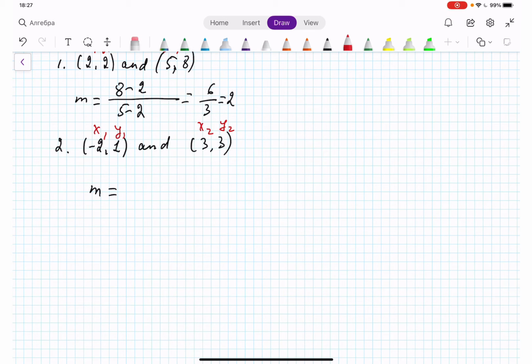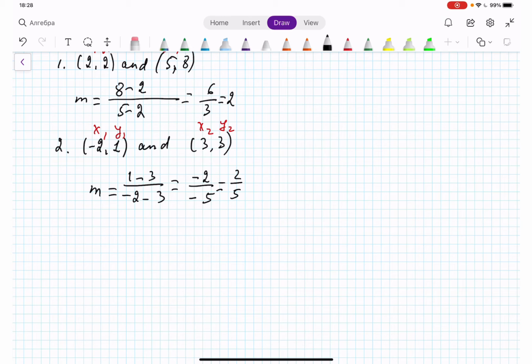Okay, this time let's use y1 minus y2. So it's 1 minus 3 and negative 2 minus 3. We are getting here negative 2 over negative 5, which is going to be 2/5.